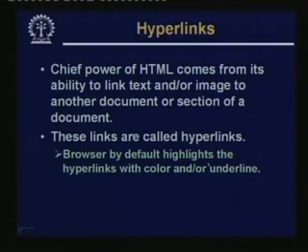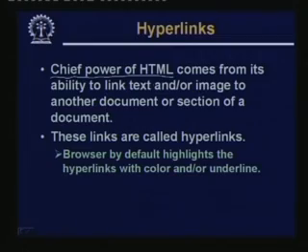The way we provide these links is very important, and these links are called hyperlinks. Hyperlinks give the main power to HTML, because the reason HTML has become so popular today is that you are able to browse through the net.